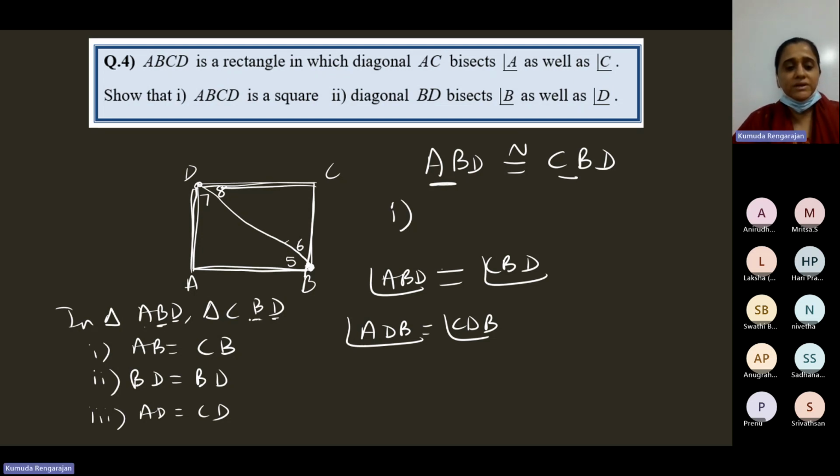So you can see B and B, D and D fall in the same places. That means angle 5 is equal to angle 6, and 7 is equal to 8, by CPCT. So 5 equals 6 means BD bisects angle B, and 7 equals 8 means BD bisects angle D.